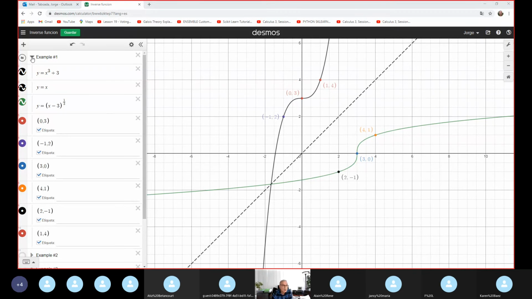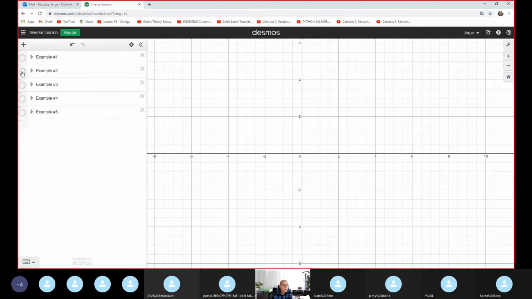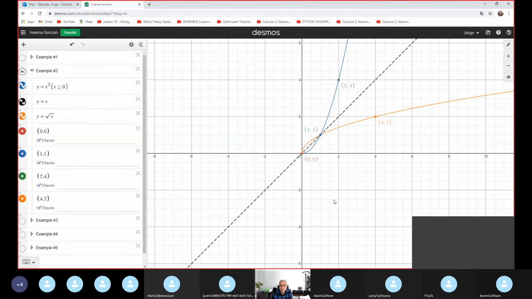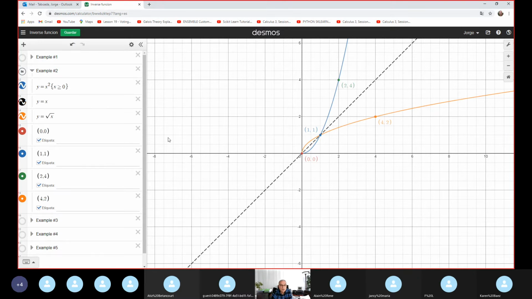Okay, that was example 1. Now we have example 2. Look at that. I put the original function in blue color. I put a square, but I introduce the restriction, extremely important, to be 1 to 1.